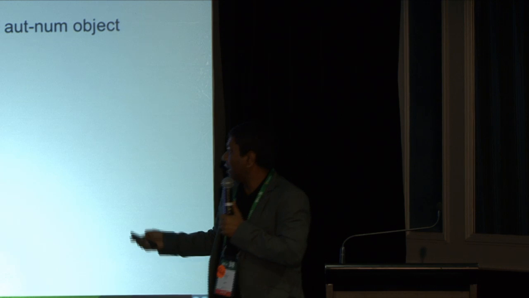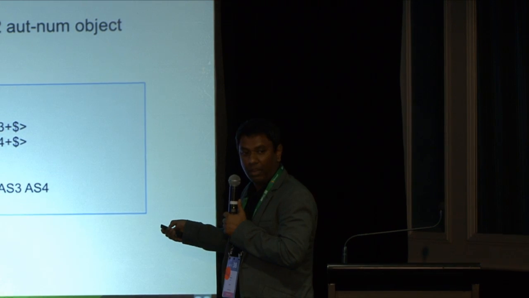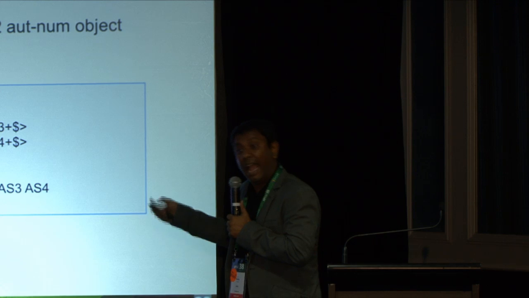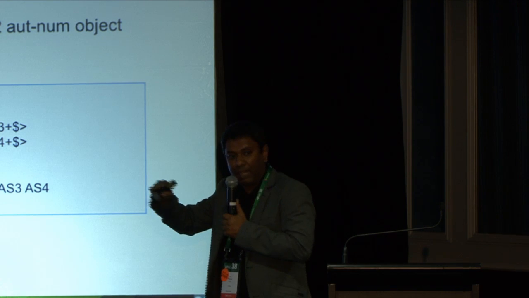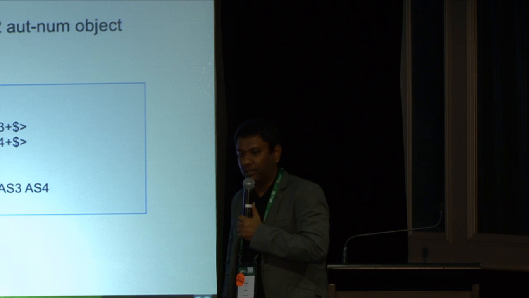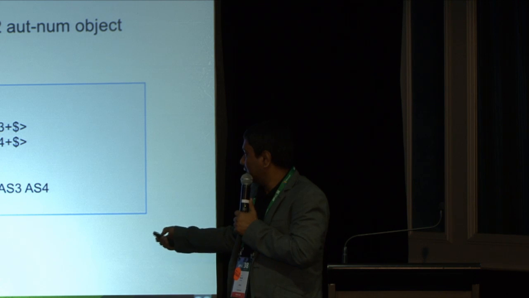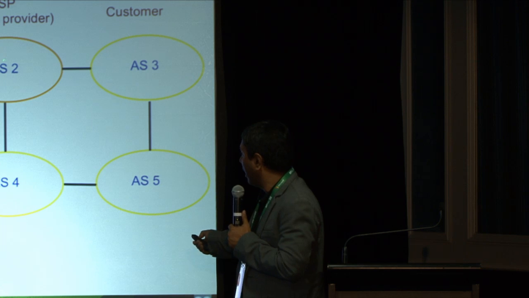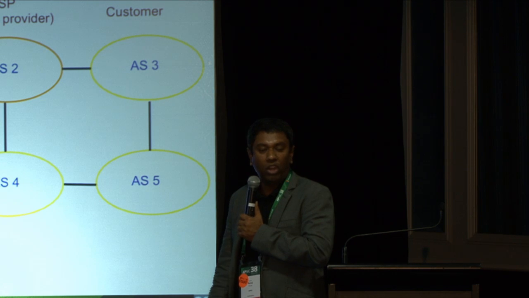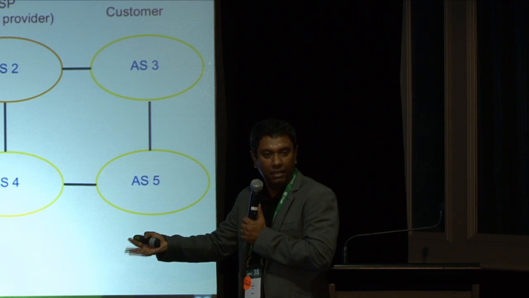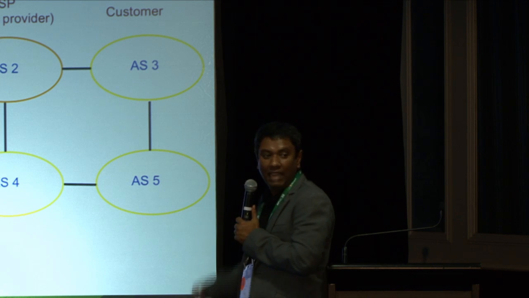But using this regular expression that will not be allowed, because the regular expression is saying AS3 can be any number of times. The AS path can be AS3, AS3, AS3, but not AS5, AS3. So this regular expression is very generic. If he wants his customer to originate his prefix, or do AS path prepending, that will also be allowed.